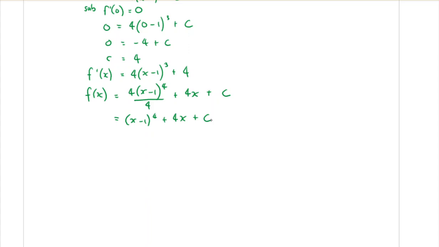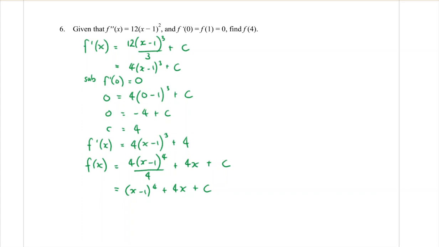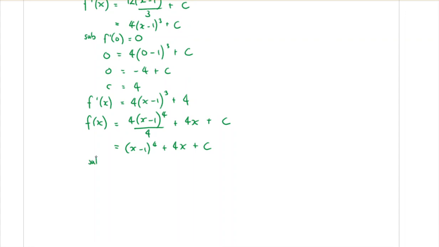Okay, so now I have an f of x equation. Can I see that back at the top of the page? Yep, there it is. I've used that part already, but this is a normal f of something, that's into your f of x equation. F of 1 is also equal to 0, so I'm going to sub that part in now. So sub f of 1 is equal to 0.